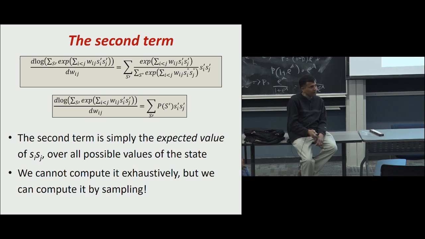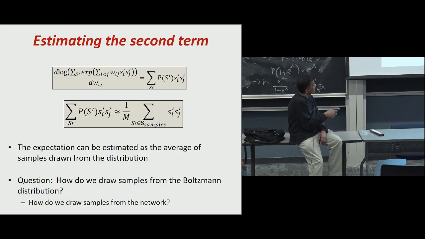And so we can estimate this expectation as the average of samples drawn from the distribution. I can just draw samples from this Boltzmann distribution, m of them, and take the expectation.